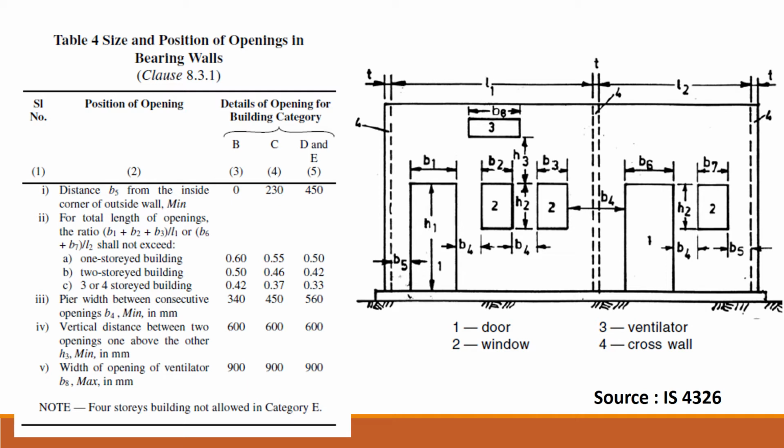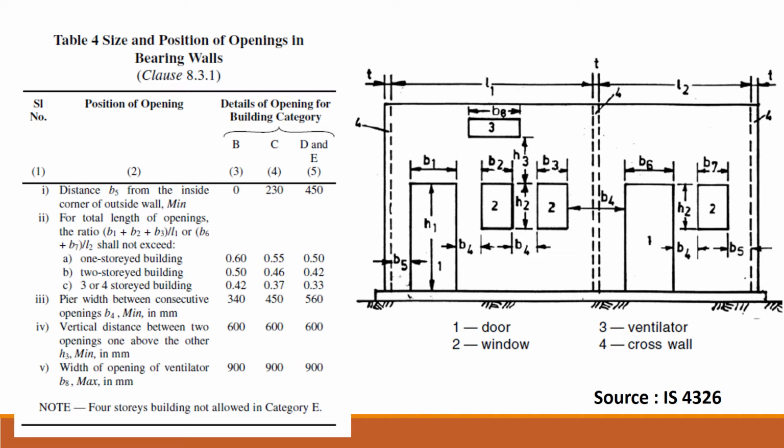There is one more interesting thing here which has not been shown clearly: the height above the windows or the doors. That also may be important, and it should be more than H3, the vertical distance between two openings one above the other.